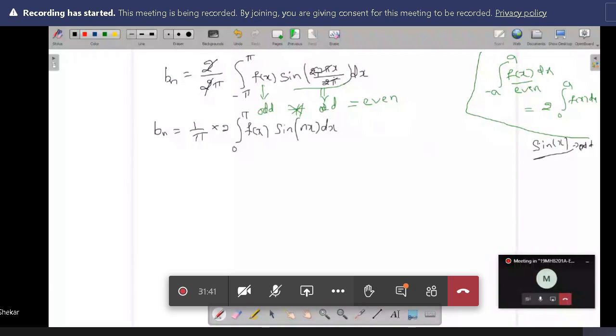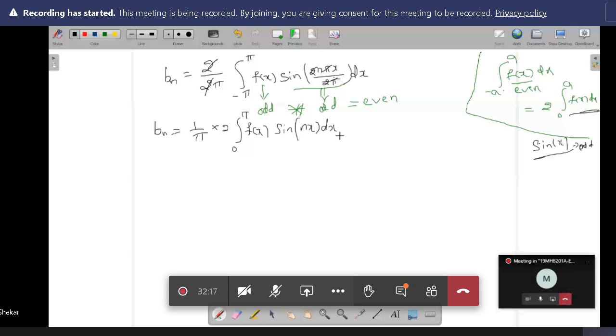So the integrand is even, and if the integrand is even, there is another known result: integration from minus a to a of f of x dx for an even function can be written as 2 times integration from 0 to a of f of x dx. With that information I can write bn equals 1 by pi into 2 times integration from 0 to pi of f of x sine nx dx. The 2 pi cancel.